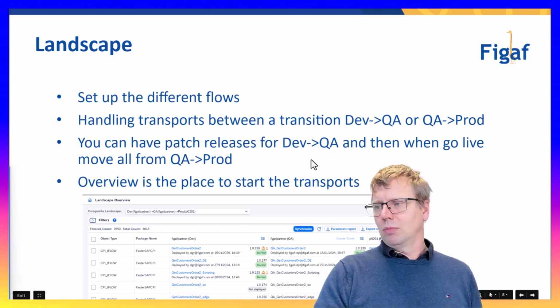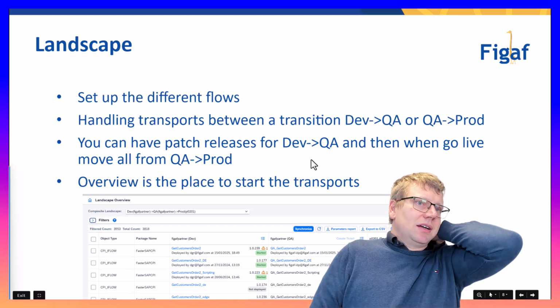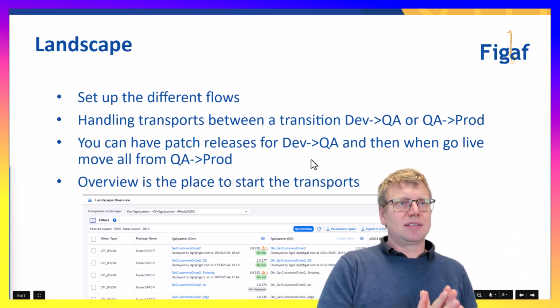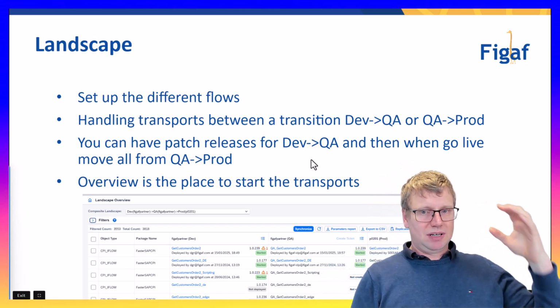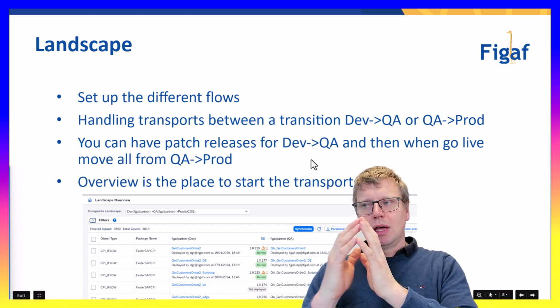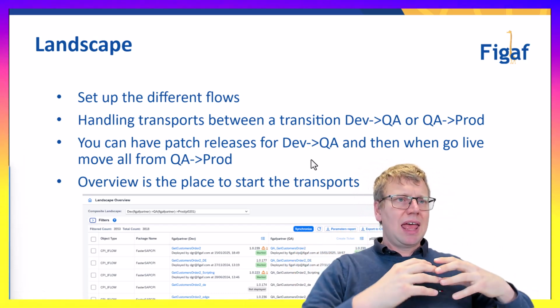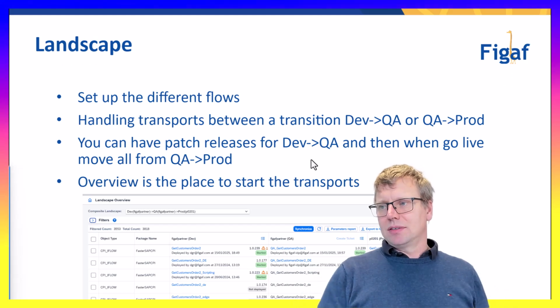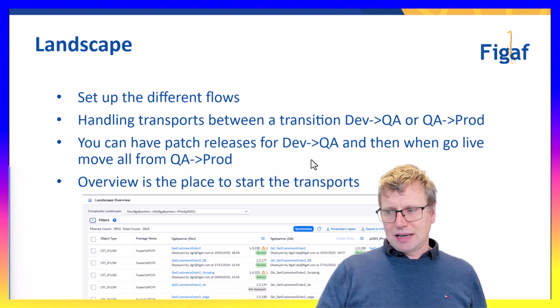The way we see a landscape is a set of transitions from dev to QA, and from QA to production, and we have this landscape overview here.